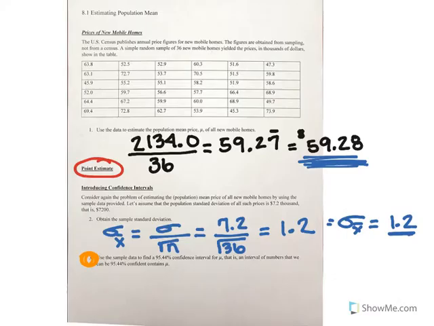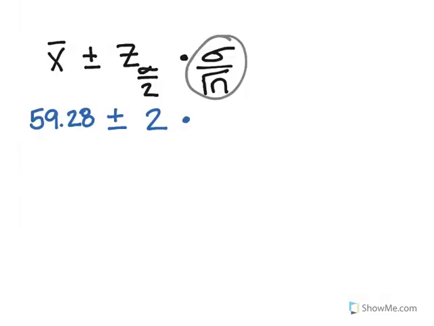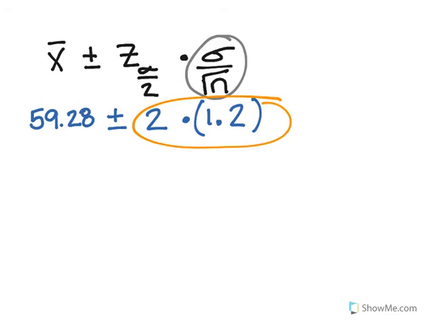Times, going back to number 1, number 2, we found the sample standard deviation to be 1.2. So we've plugged it in. So we're going to multiply 2 times 1.2 first, and that would give us 2.4.